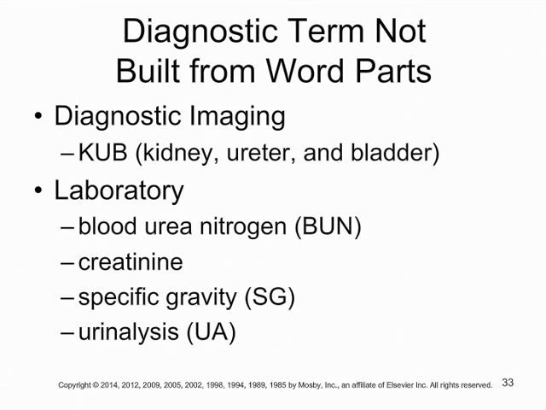The next list comes from lab tests that can be ordered to try to diagnose certain conditions. The first one, a BUN, or blood urea nitrogen. It's pronounced bun, and it measures the level of urea in the blood. And urea is one of those toxic waste components supposed to be filtered out by the kidney, so the amount in the blood can give you an idea of kidney function.